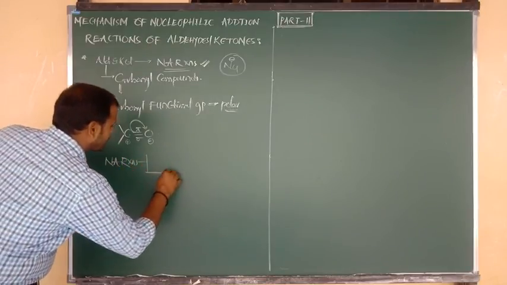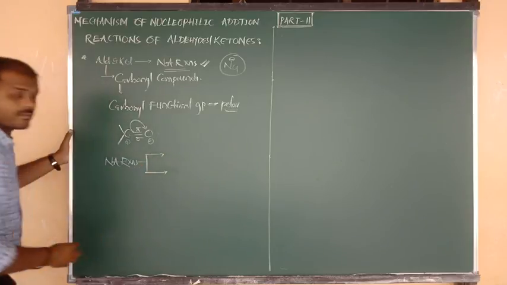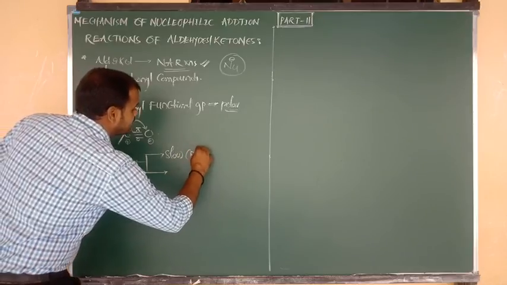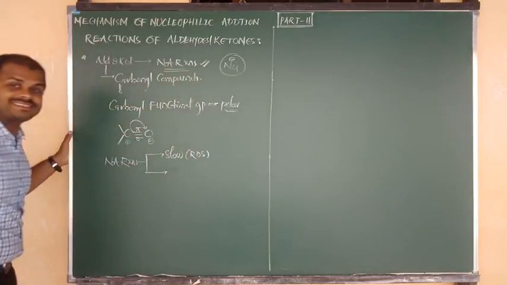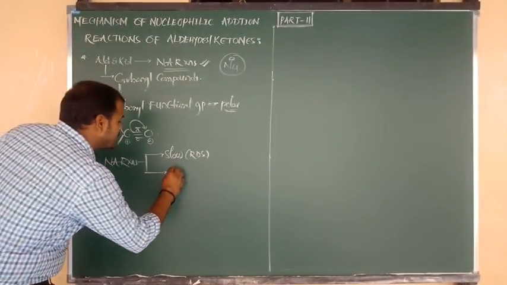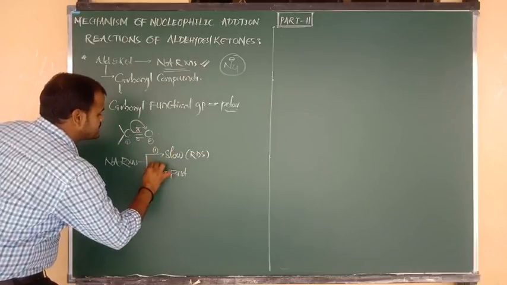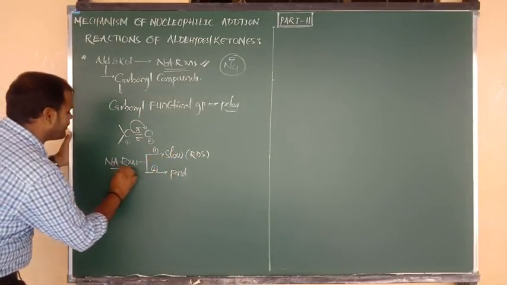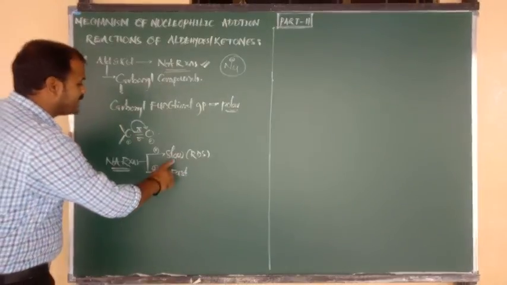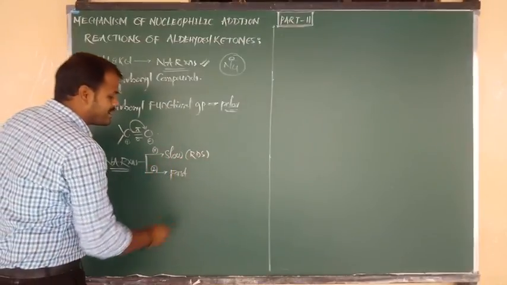In that, step 1 is the slow step, also called the RDS, the rate determining step, and the second step is the fast step. So 2 steps are involved: one is the slow step, and the other is the fast step. The slow step is the rate determining step.